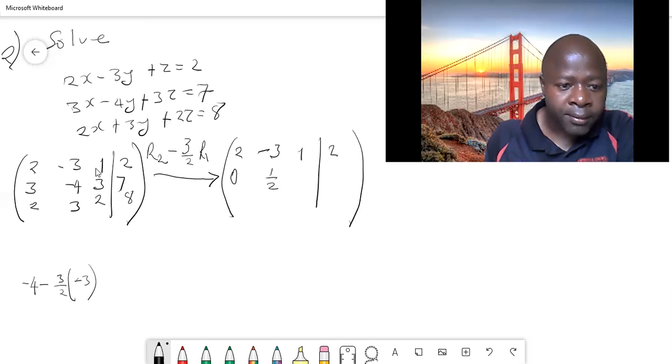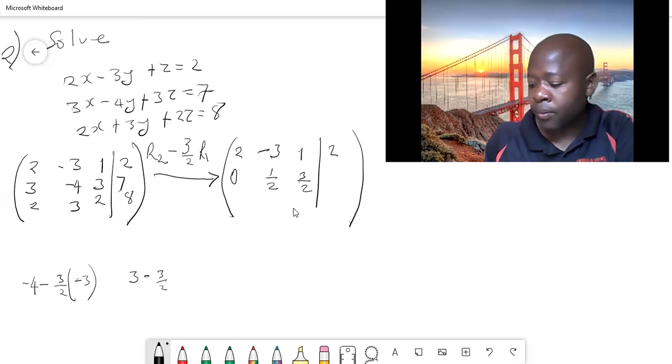Then this one by 3 over 2 gives 3 over 2, and subtracting it from 3, which is 6 minus 3 over 2, gives 3 over 2.